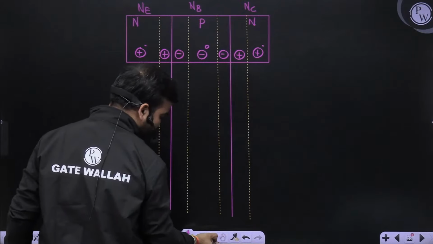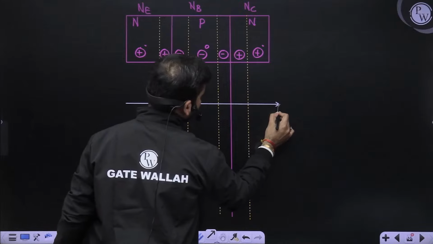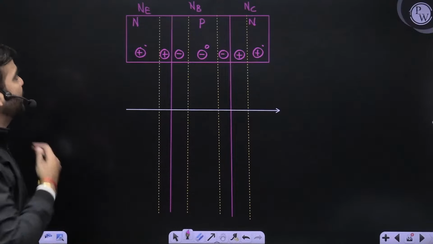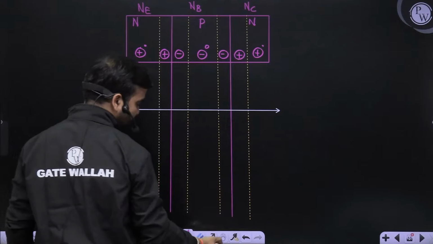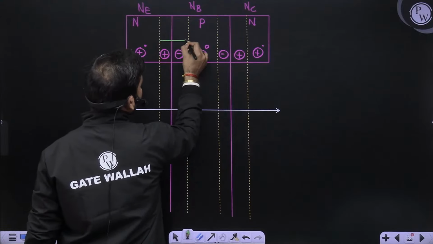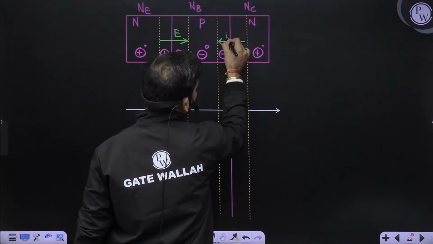Now you have to draw the electric field profile. You can draw the charge density as well, the electric field and the potential, everything, but I am interested only in the electric field. What is the direction of the internal electric field over here?